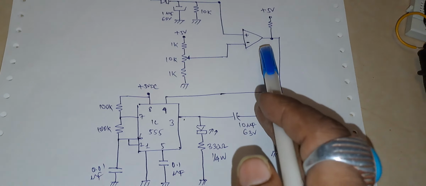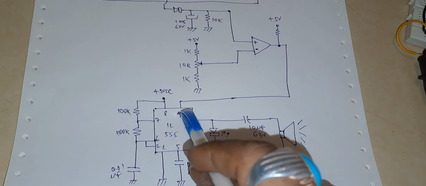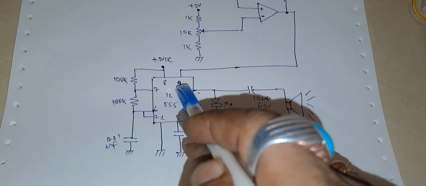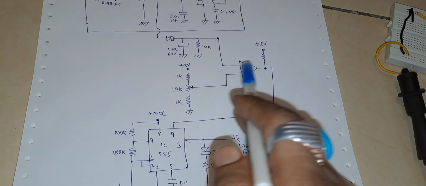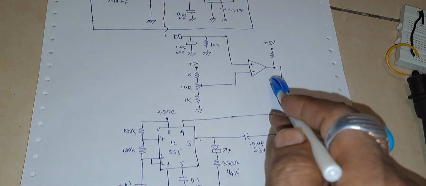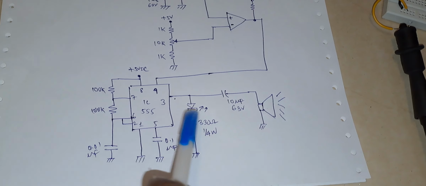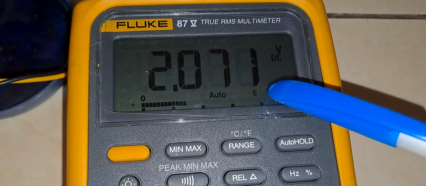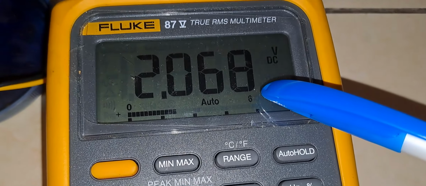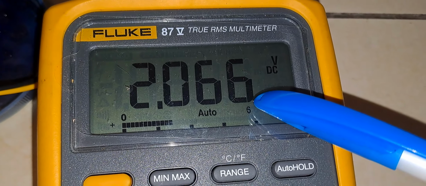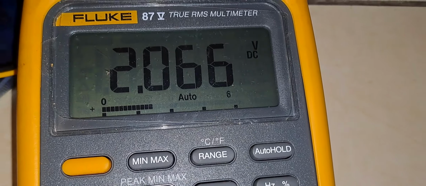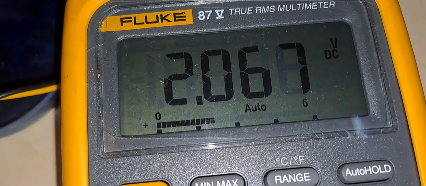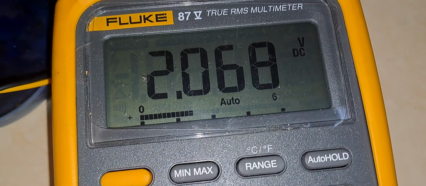You can see the output of this comparator is fed to pin number 4 of the 555 timer IC. Whenever there is a metal presence, there will be a logic 1 and we will be able to hear the sound at this point. Whenever there is no object on the coil, the voltage at the transformer secondary is 2 volts.